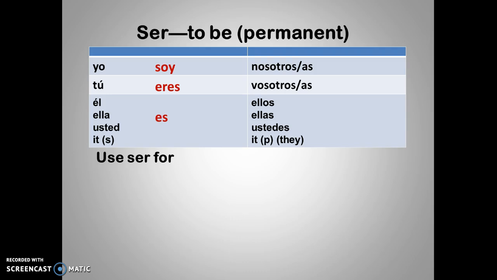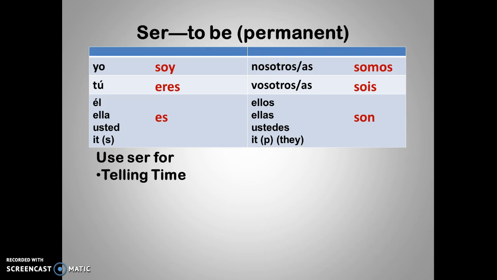Now we have not used the plural side, so we, or nosotros, is somos, so that means we are. Vosotros sois means you all informal are, and ellos, ellas son mean they are. Ustedes son means you all are, and of course you can also use son meaning it, plural.